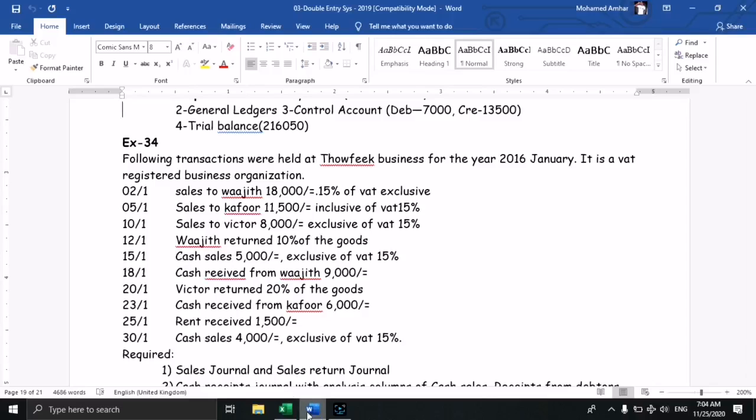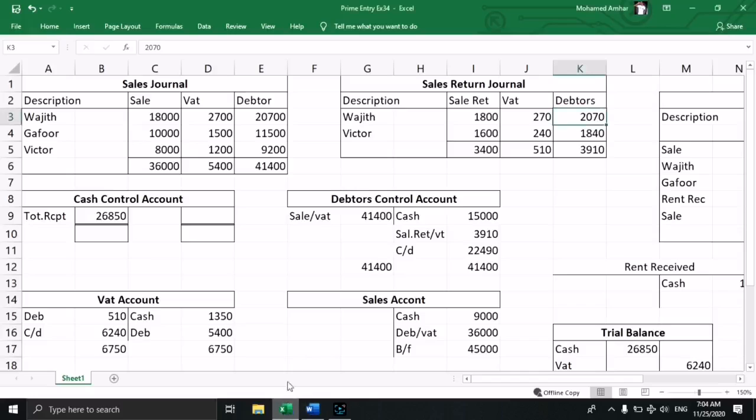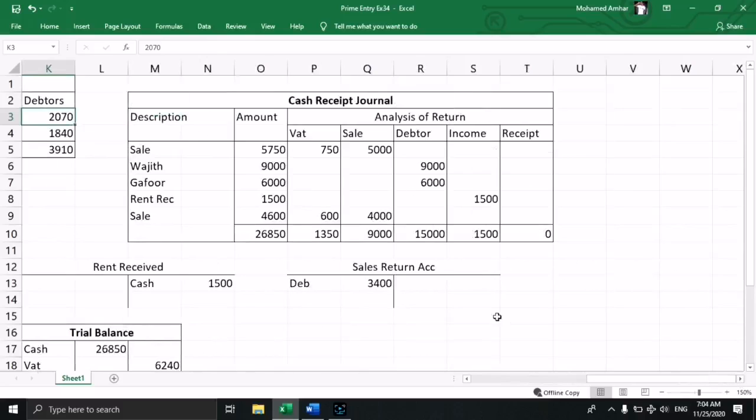By cash sales we receive cash. So write it in the cash receipt journal. Here you write sales is 5,000 and 15% of 5,000 is 750 VAT. So the total amount is 5,750. Narration, sales.